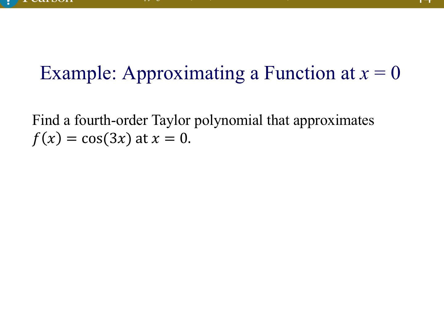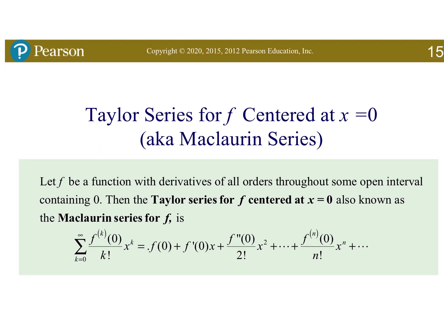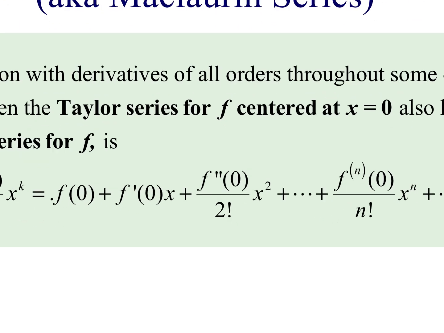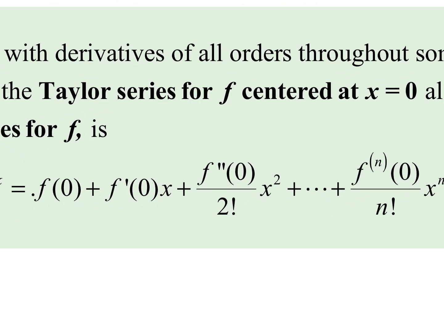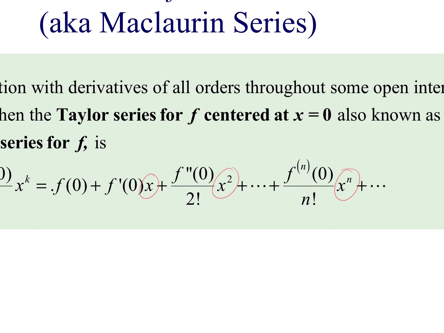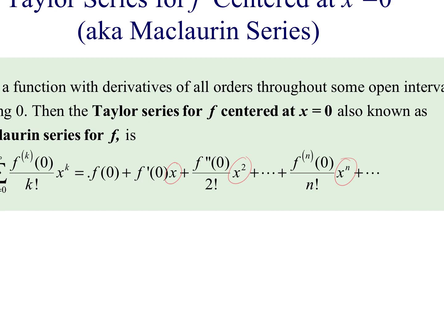Any Taylor series that's centered at 0 is officially called a Maclaurin series. So all of these terms are just x, x squared, and x to the n instead of the x minus a. You lose that, and it streamlines it a little bit more.